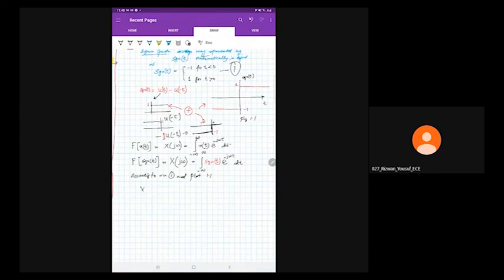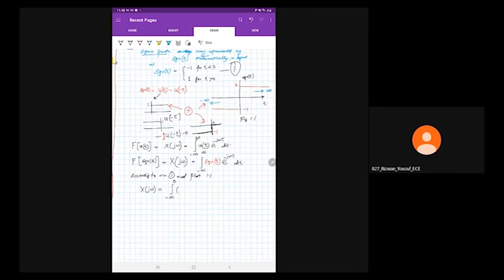We can write down X of j omega can be split into two parts. One part is minus infinity to 0. So that means this portion, because this side here it is towards minus infinity, and this side here it is towards plus infinity. Okay, so limits आएंगे minus infinity to 0.